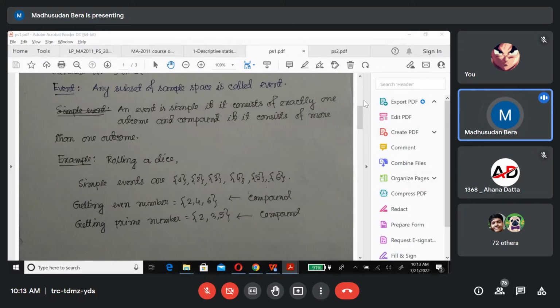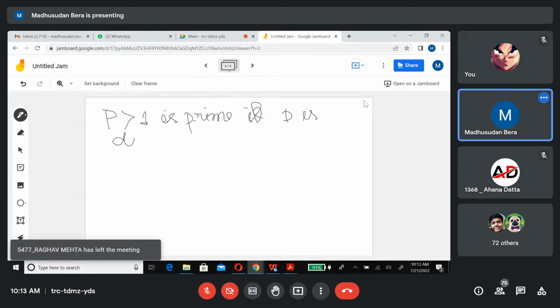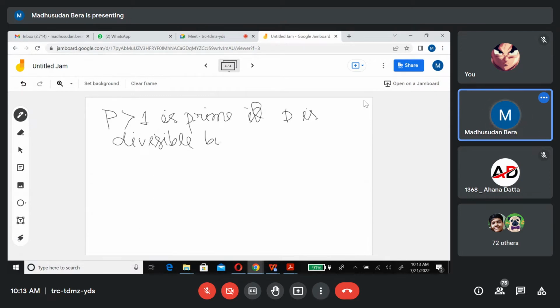In the prime number definition, p greater than 1 is prime if p is divisible by only 1 and itself.